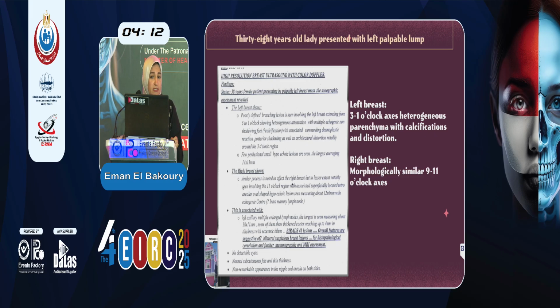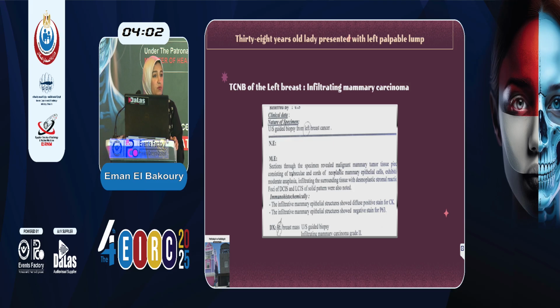This is a 38-year-old lady presented with a left palpable lump, and here we can see the ultrasound showed bilateral non-mass that's present with variable degrees in both breasts. The left one had been biopsied and showed infiltrating mammary carcinoma. Of course, infiltrating mammary carcinoma carries the risk of lobular carcinoma.